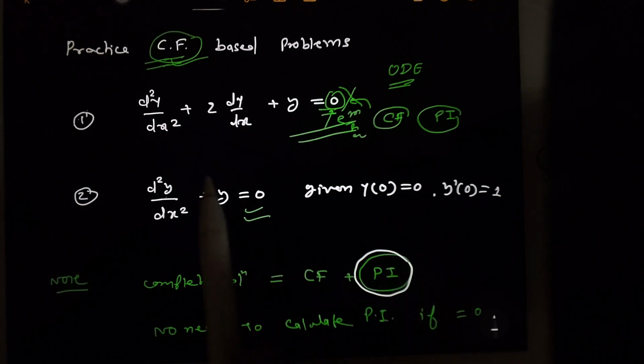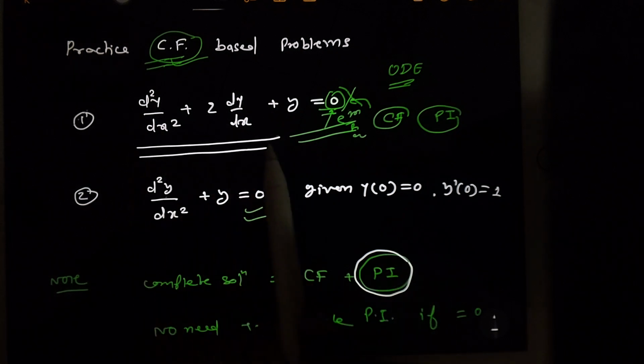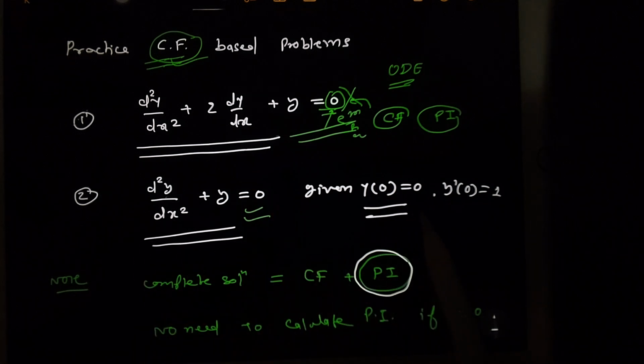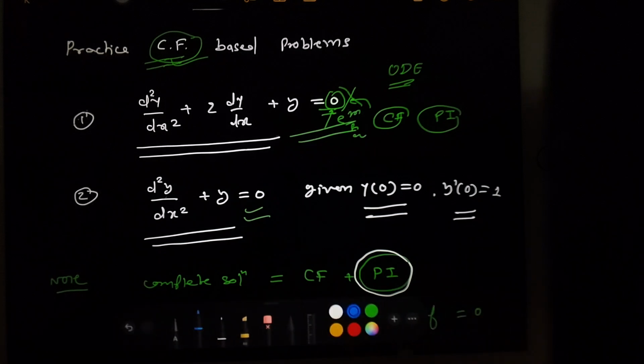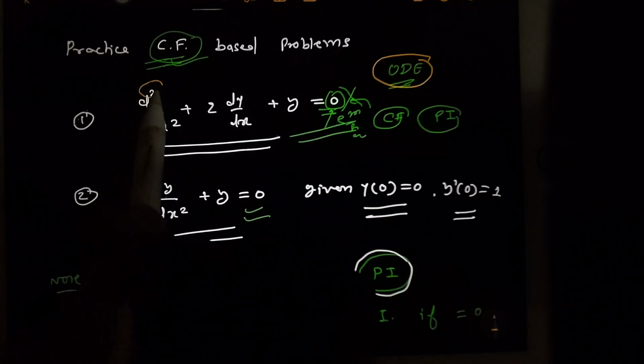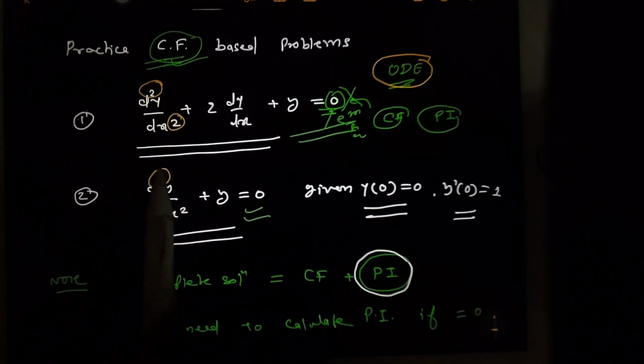Anyway, let's go ahead. If you see this problem and this problem, in the second problem some extra thing is given: y(0) is equal to 0, y prime or y dash (0) is equal to 1. What does it mean? You know that when you solve any numerical in an ordinary differential equation, your answer will contain constants, because this is order 2, this is also order 2.